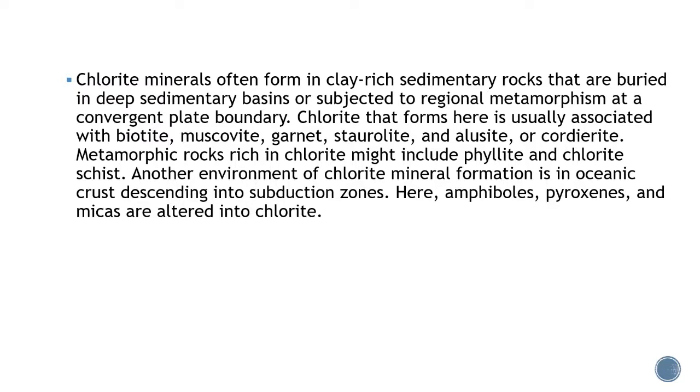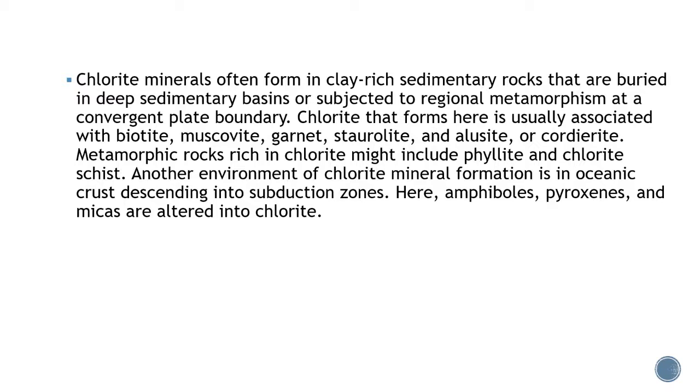Another environment of chlorite mineral formation, I mean how this chlorite forms. The favorable environment for the formation of chlorite is oceanic crust descending into subduction zones, where major tectonic activity takes place. Here, amphiboles, pyroxenes, and micas are altered into chlorite.